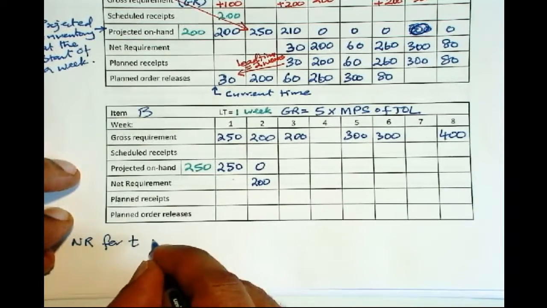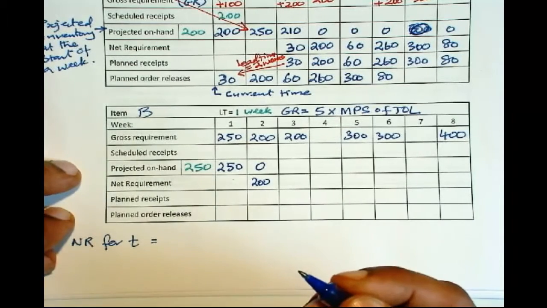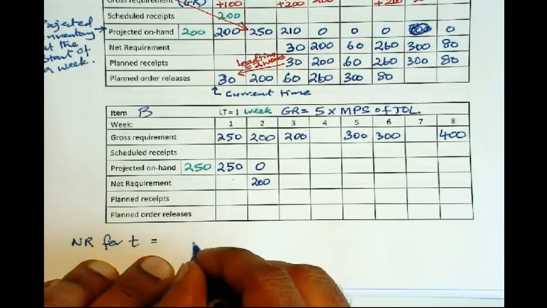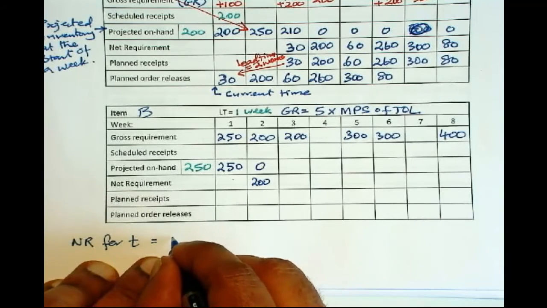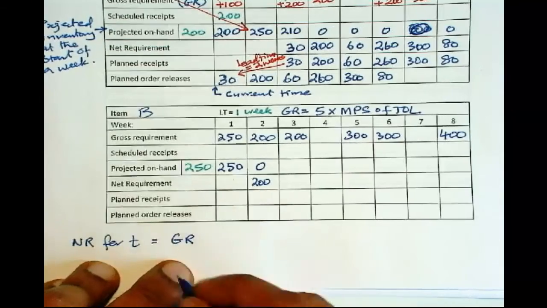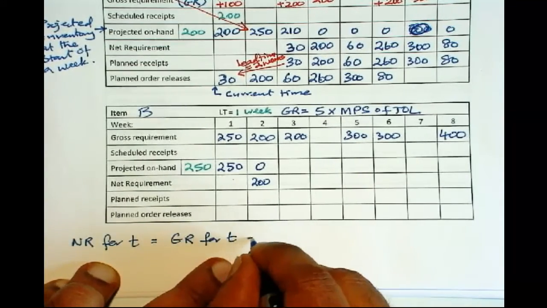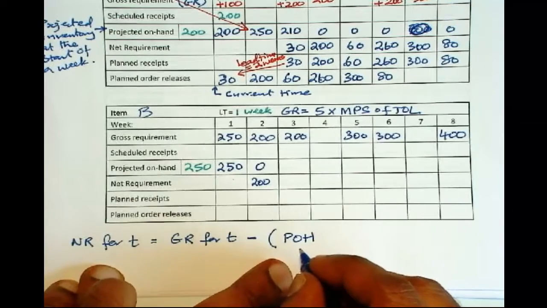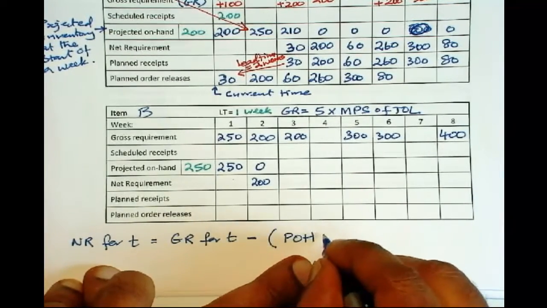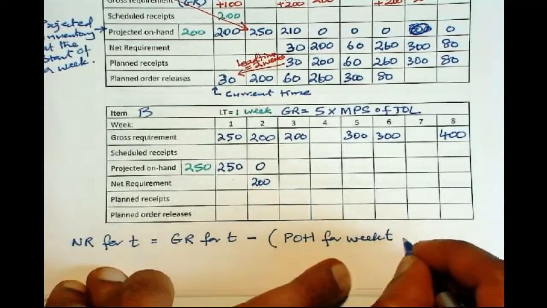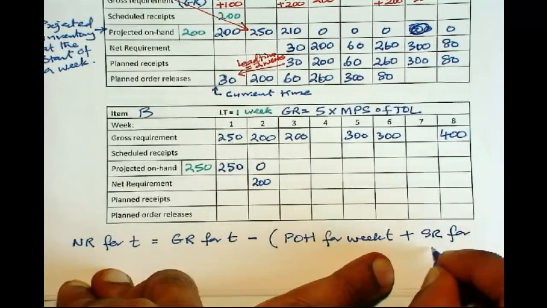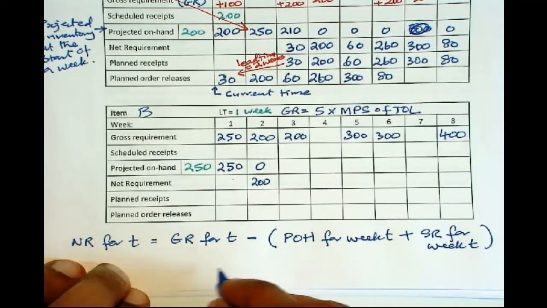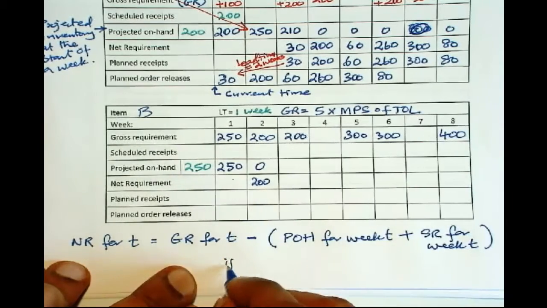NR for T is the gross requirement for T minus the sum of projected on hand for week T plus scheduled receipt for week T, if this is positive.